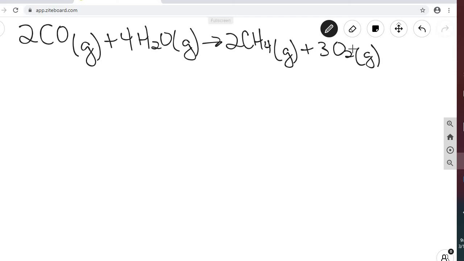Okay, so there's a reaction. We want to know what is the delta H of this reaction. So we're going to take the delta H of the products minus the delta H of the reactants. Okay, products minus reactants.